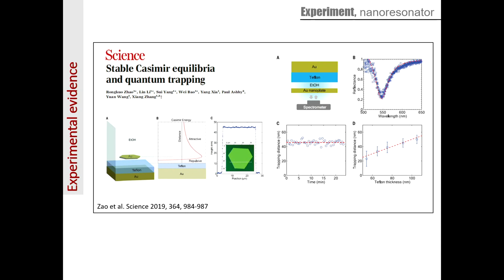Their system consists of a gold flake, which is much smaller, a micrometer square, and ours were like this big, immersed in ethanol over a gold substrate with Teflon. They did the optical characterization, and from this they could extract the information of the levitating distance, and by changing the thickness of the Teflon, they could tune the equilibrium position. So similar idea, they succeeded, we just had the idea.